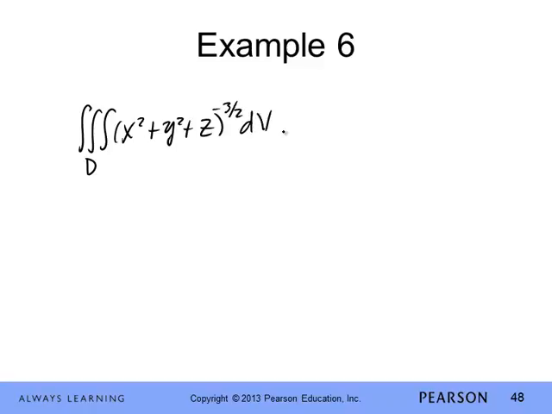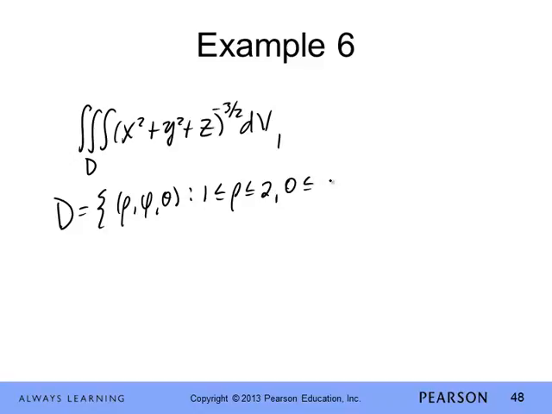That's the integral we're going to integrate in that region D, described in spherical coordinates, because it's easier to write in spherical than any other coordinate system. So it looks like rho is going to go from 1 to 2. Phi is going to go from 0 to pi over 2. And theta is going to go from 0 to pi over 2.